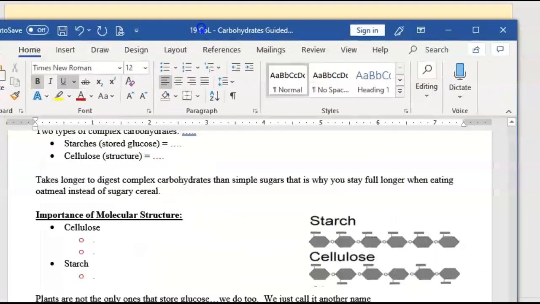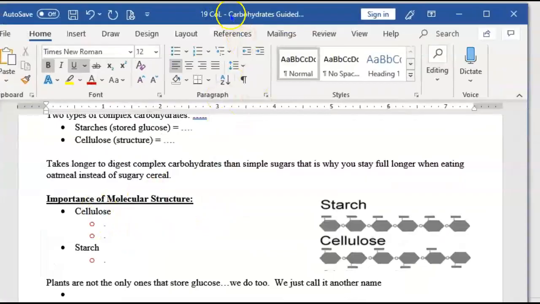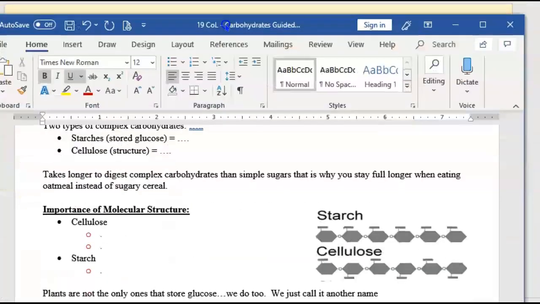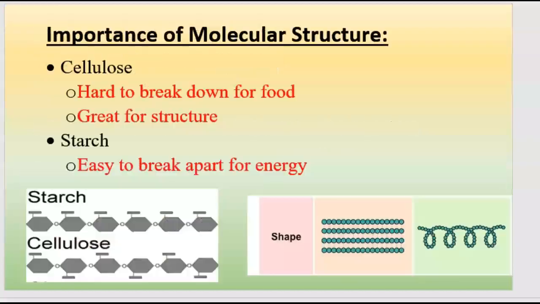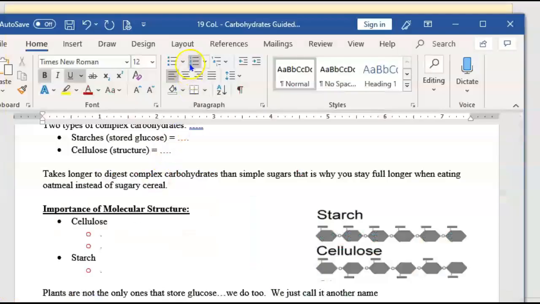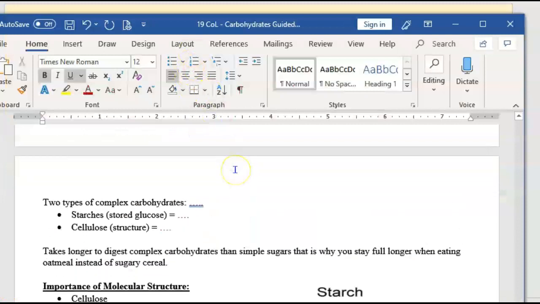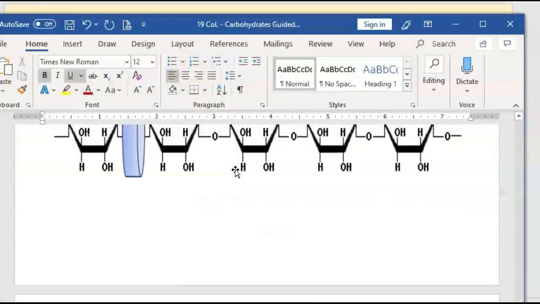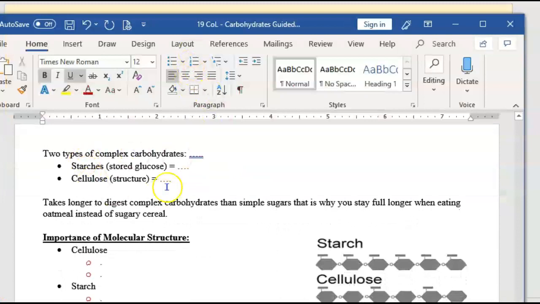Actually, I don't think you have to write anything down here. So on your notes, where it says importance of molecular structure, oh yeah, you have to write these two things down. Okay, so in your notes, where it asks you for the importance of molecular structure, which is where you should be if you're following along, we introduced that to you up here, and then this is the part you have to fill out.